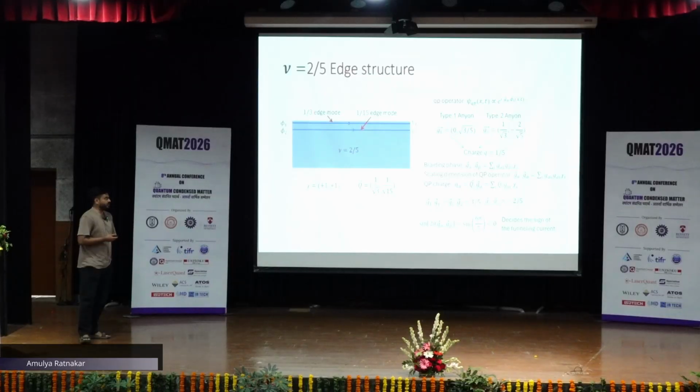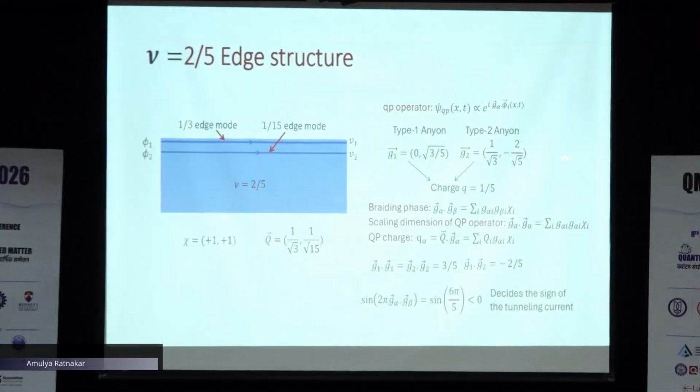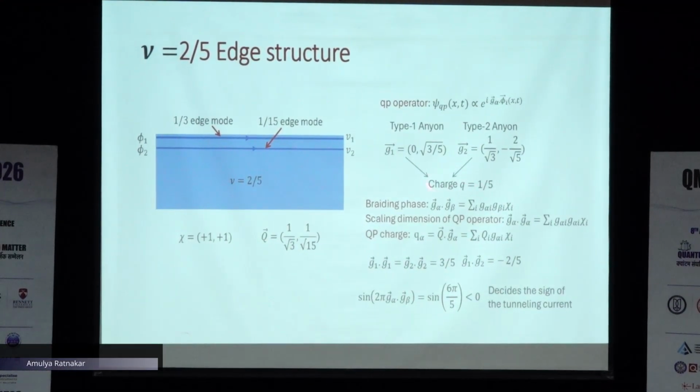The most probable types of anyons in 2/5 are, let's say, type 1 and type 2 anyons, which are given by these two G vectors. The G1 anyon only lives on the innermost edge, and the G2 anyon lives on both the edges. They have the same scaling dimension, which is 3/5, the same exchange phase, which is also 3/5, and the same charge, which is 1/5.